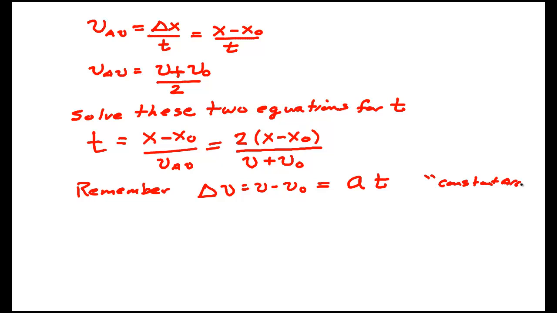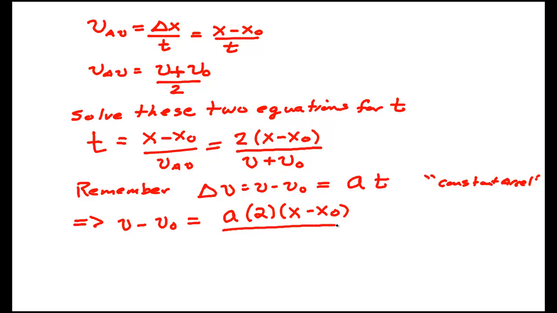This was because we had that rectangle for constant acceleration problems. So I can now plug in for t using my formula above here. And I have v minus v naught is equal to a times 2 times x minus x naught over v plus v naught.